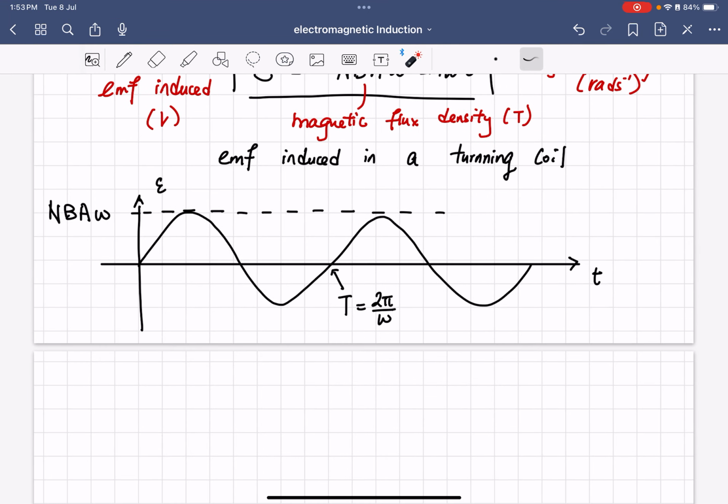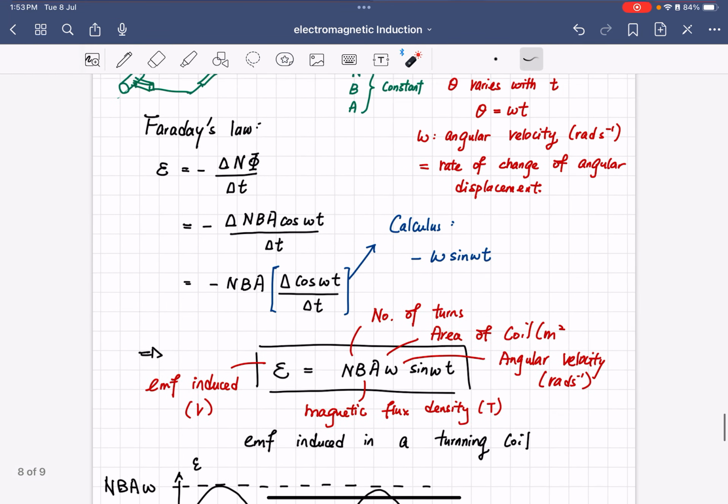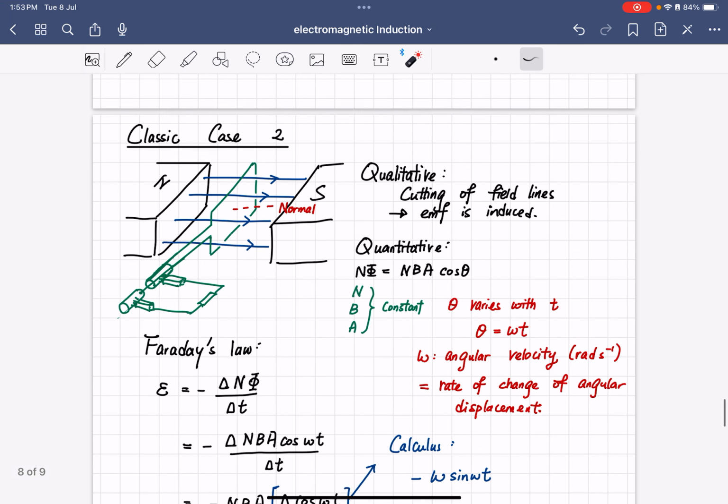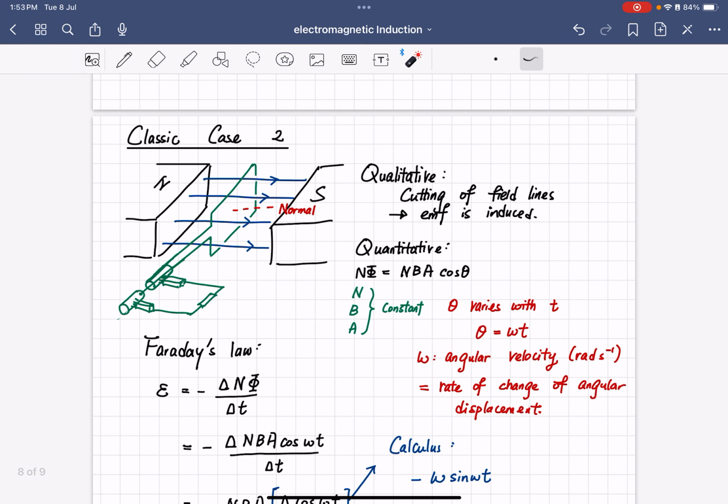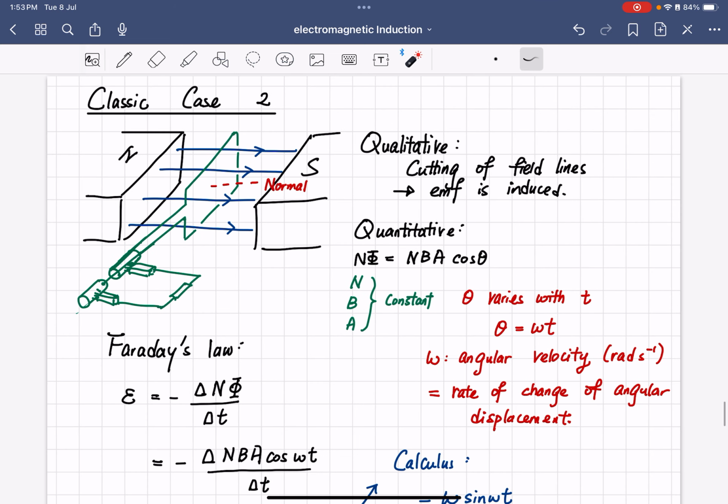Okay, so we will continue. The last time we talked about the second classic case of the application of Faraday's law, which is the case of an AC generator, where you have a rotating coil in a uniform magnetic field, and when you turn the coil using some energy source, this coil will cut the magnetic field and induce an EMF.